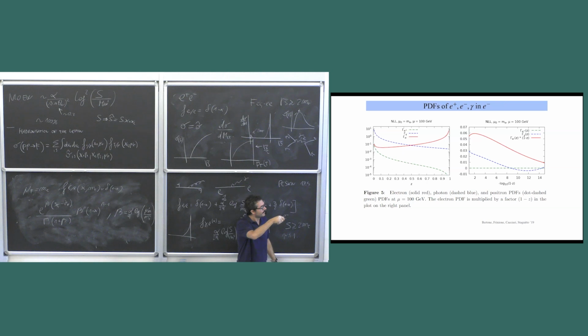So you get again a kick here from the electron in the electron at small x. But then you get also a positron. So actually there is a PDF of the positron in the electron. It's very suppressed, but it is important. Okay, this is super important for e plus, e minus.